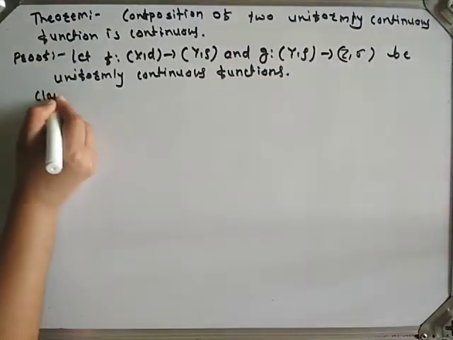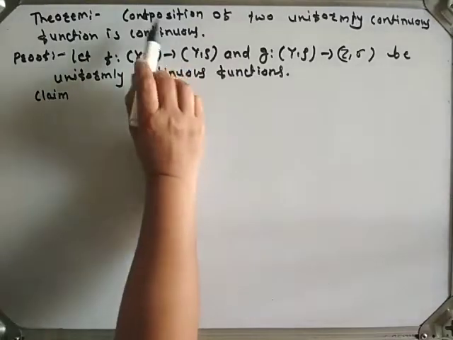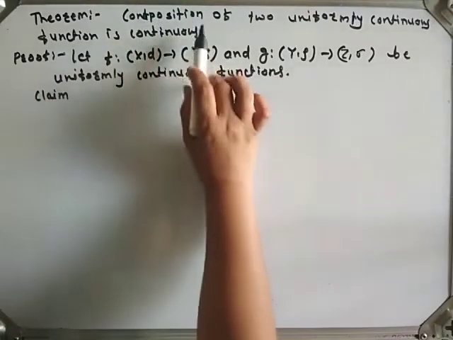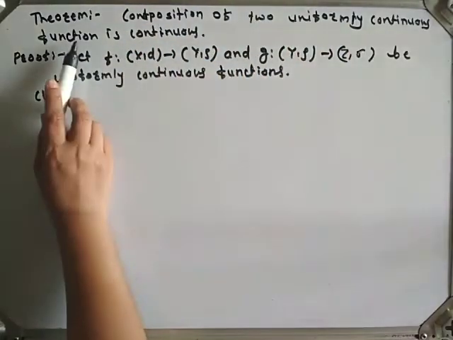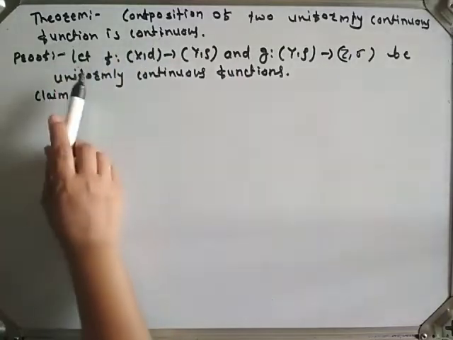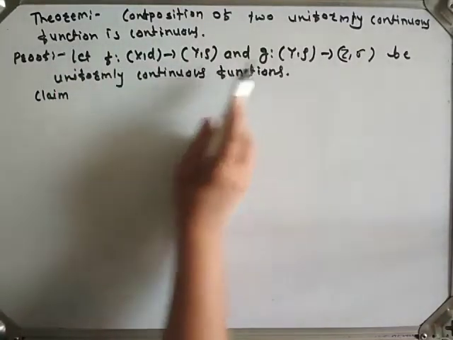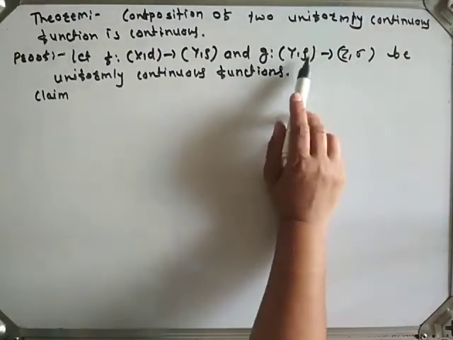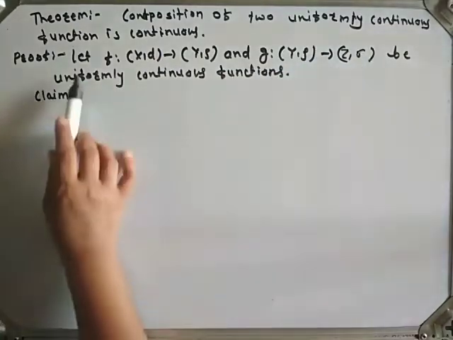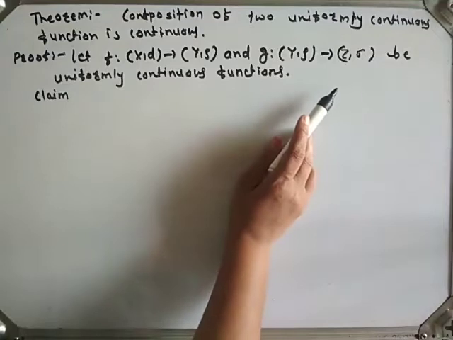Here our claim is that the composition of two uniformly continuous functions is continuous. Here we have taken f as a function from (X, d) to (Y, rho) and g as a function from (Y, rho) to (Z, sigma). Both are uniformly continuous functions.